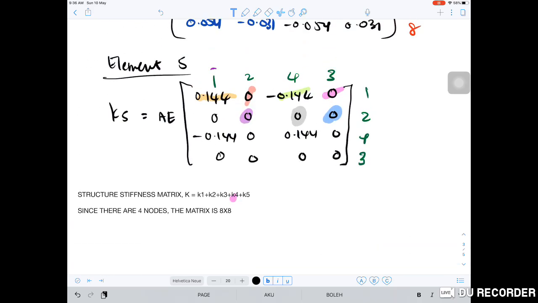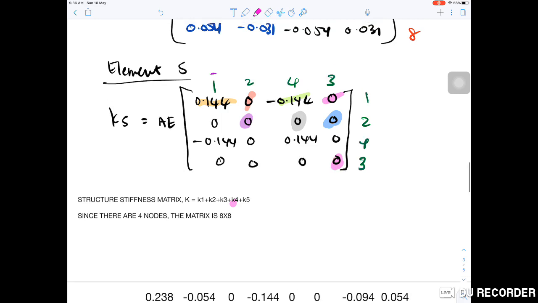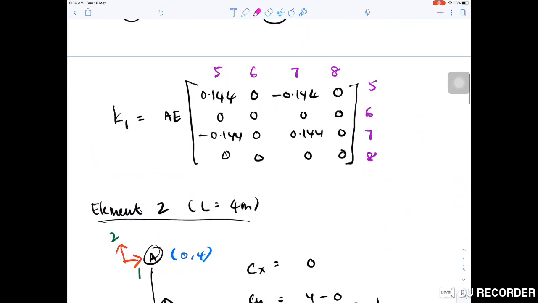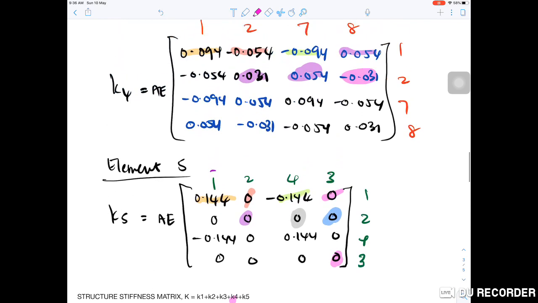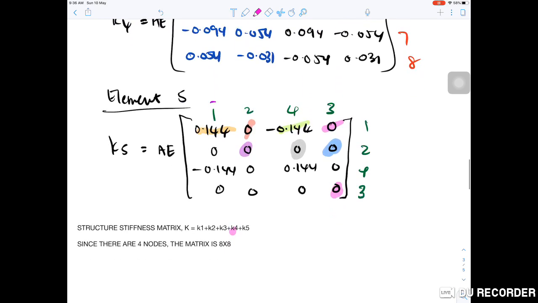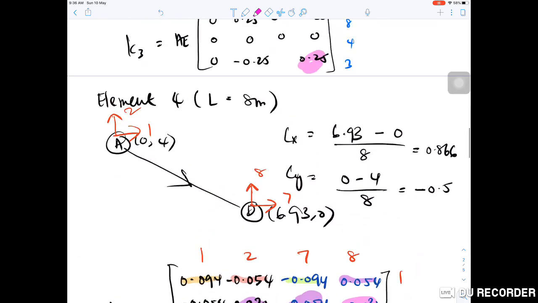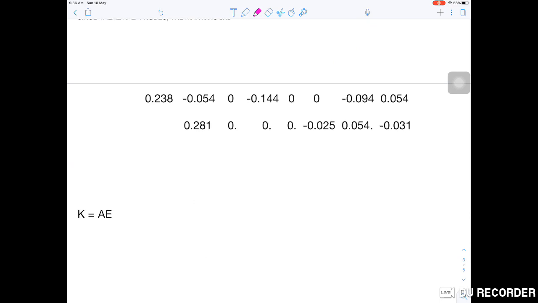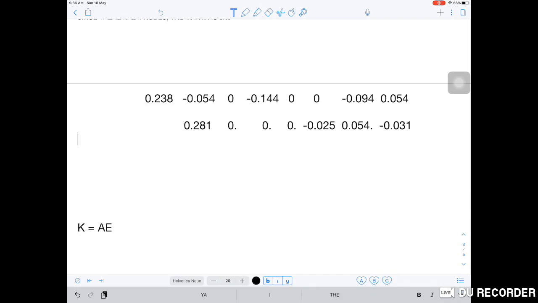Find where is 3 3. Here is 3 3. 3 3 is 0.25.